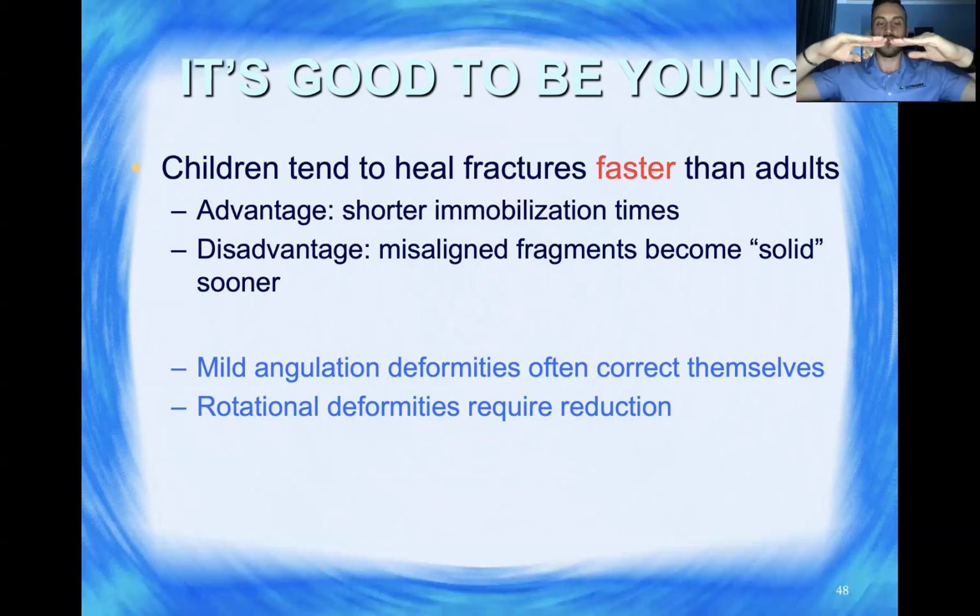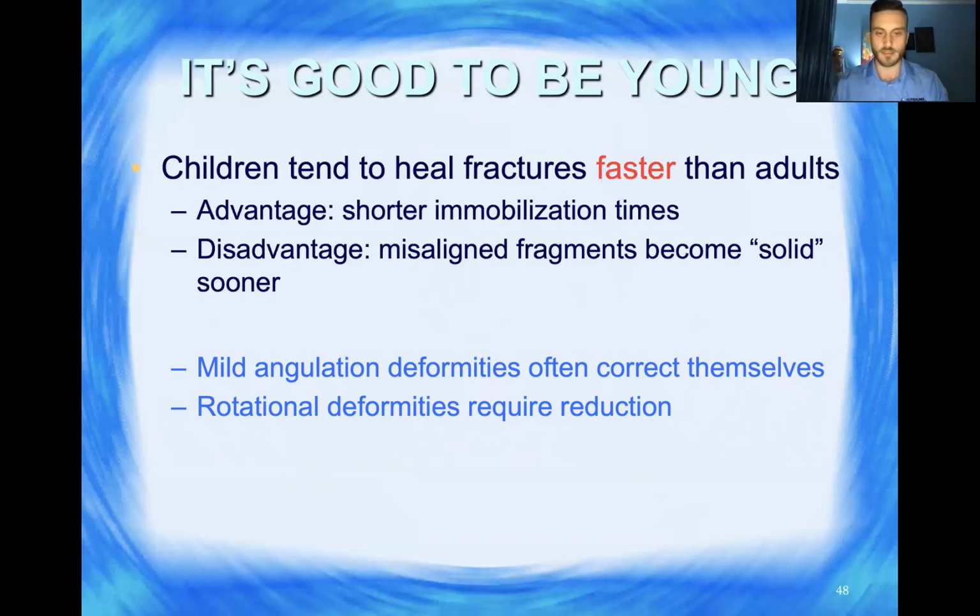But if you have rotation around the axis of the bone, it can never accommodate rotation. So rotation is never acceptable. Angulation might be accepted. Lengthening or shortening might be accepted.